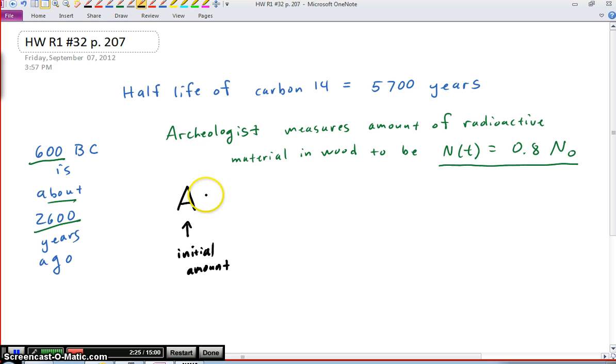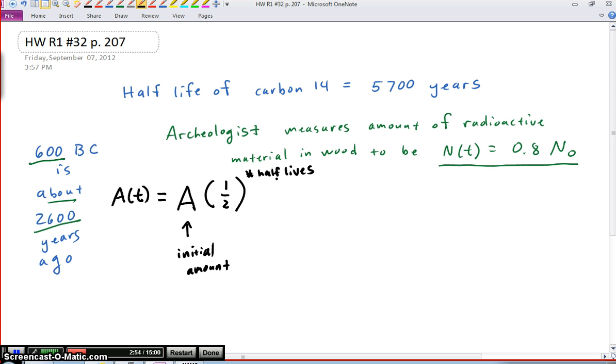So we're going to multiply this by 1/2, and it does that every half-life. Right here, the exponent is the number of half-lives. All right, and so this gives us the amount of carbon after a certain amount of time. That's the basic idea here: we have 1/2 to a power, and that power is the number of half-lives.